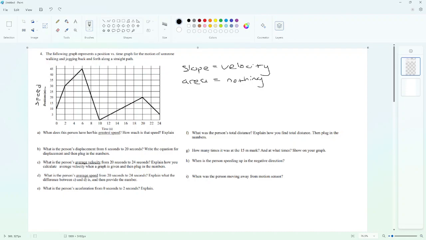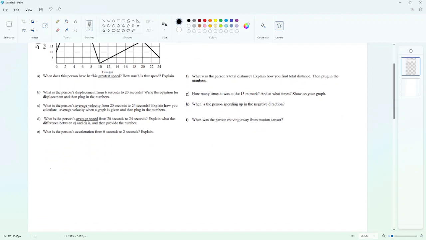However, we're not talking about velocity. We're talking about speed. Remember that speed is equal to the magnitude of velocity. This is a scalar quantity, meaning it has no direction.